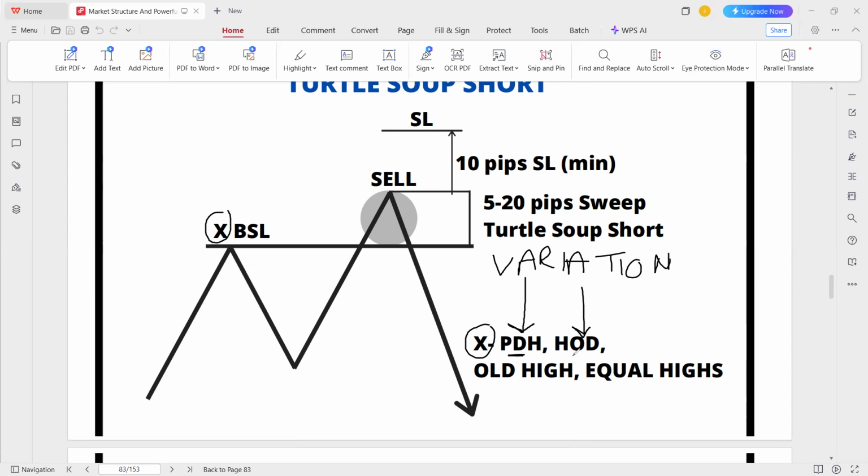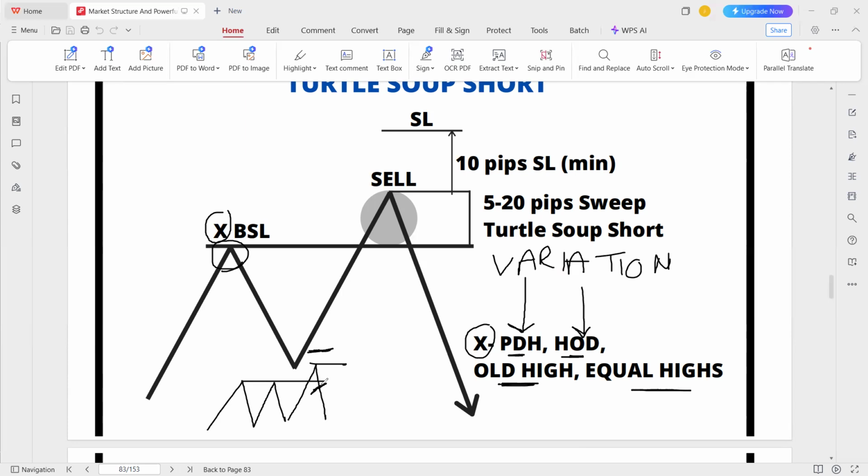Sometimes it might react off the high of the day. So this will be the initial high of the day, or it could be the previous day's high, or it could be any old high or equal highs, which simply means it could be something like this. That will be your Teto sweep. So if you get a Teto sweep like this, your stop loss will come 10 pips above the zone.